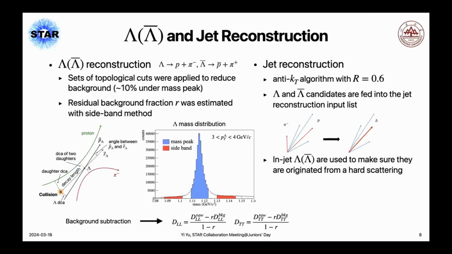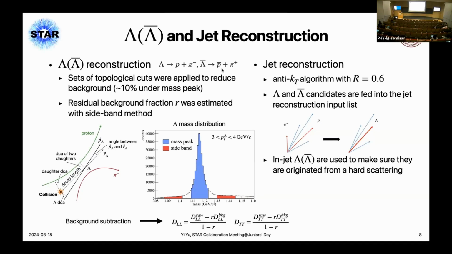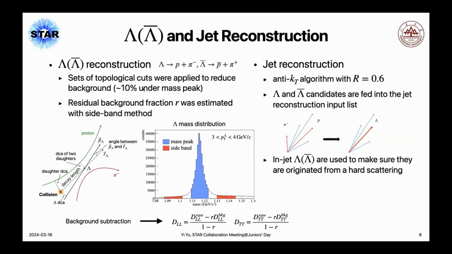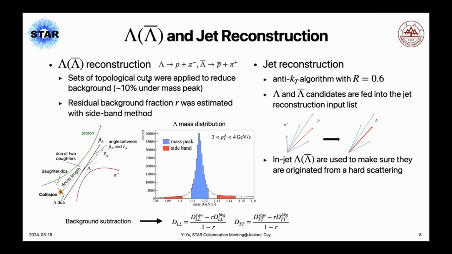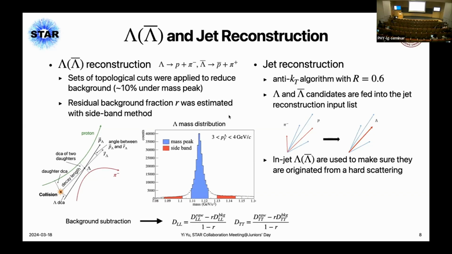So for the measurement, first we need to reconstruct the lambda, and they are reconstructed in the following channel, and we applied a set of topological cuts to reduce the background. In our measurement, the background is suppressed to the level of about 10% under the mass peak.